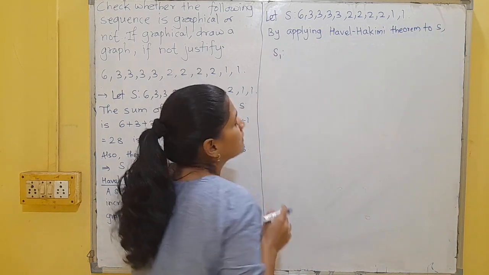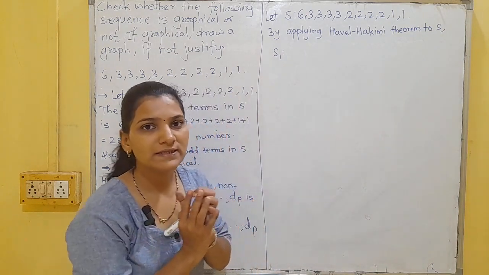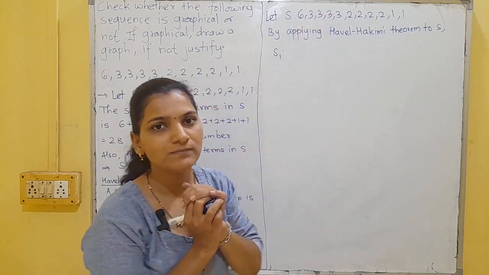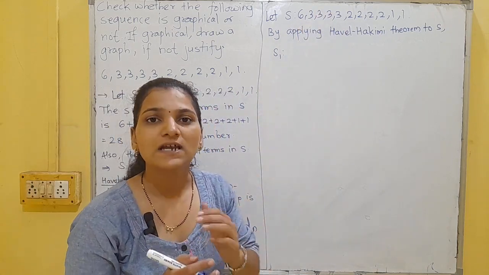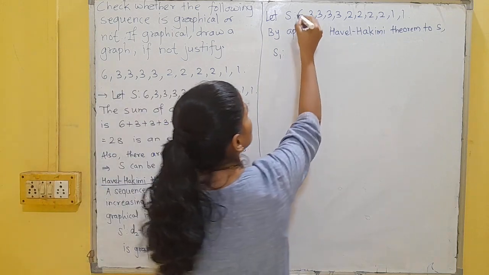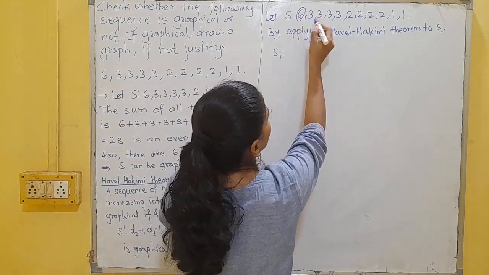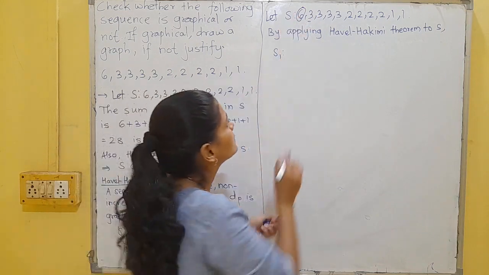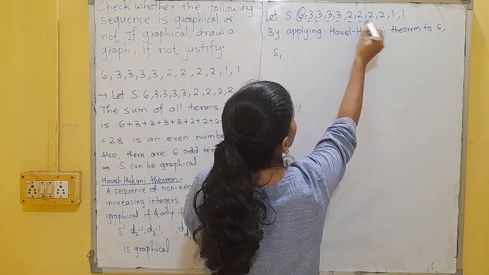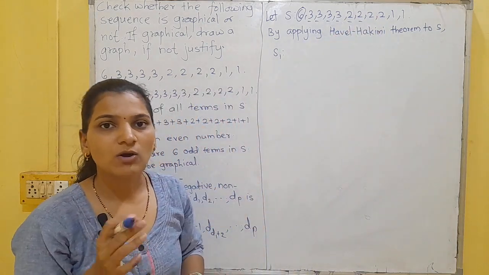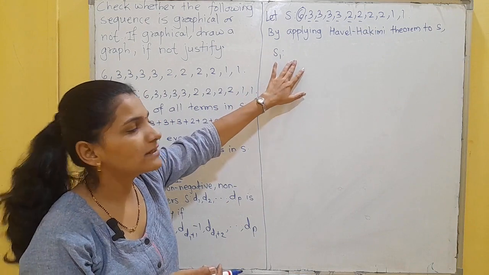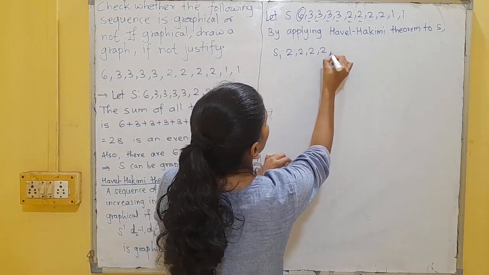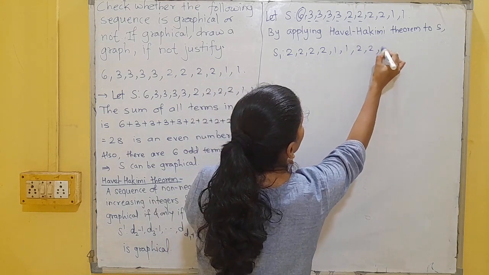How to apply it? First, this term is d1, this term is d2, this term is d3 and so on. Consider the first d1 terms starting from d2, that is, the first 6 terms starting from this term, and subtract 1 from these underlined terms to get S1. So S1 is 2 2 2 2 1 1 2 2 1 1.